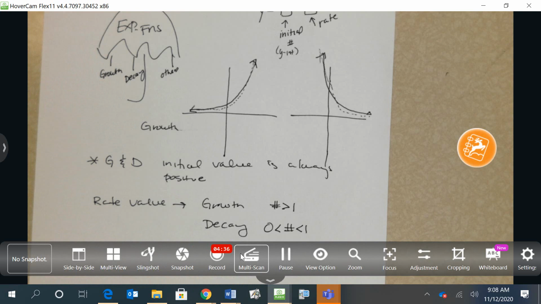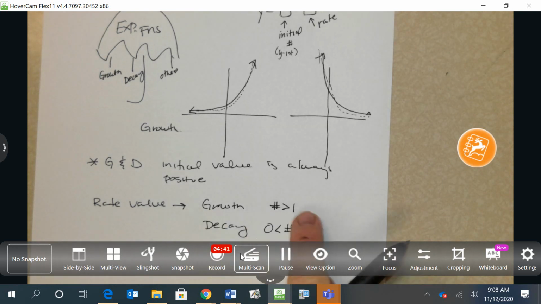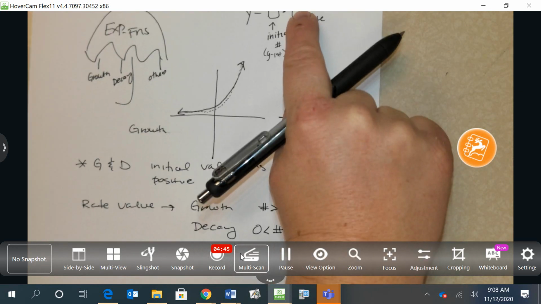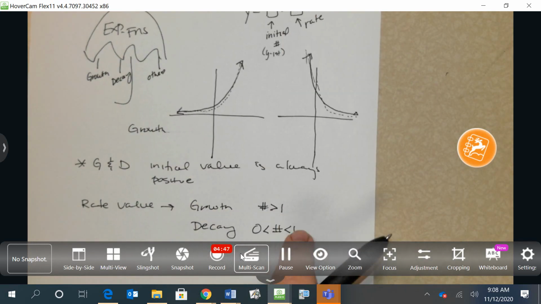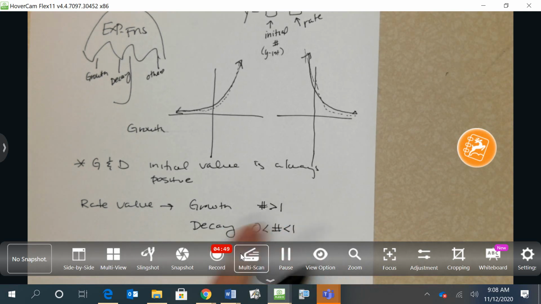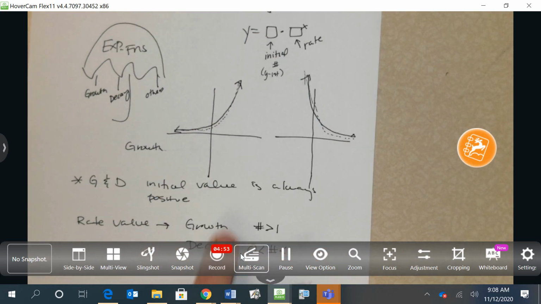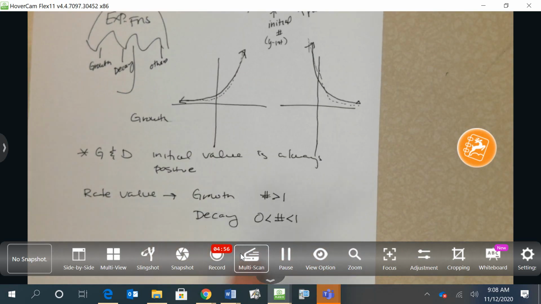So it's not equal to 0, it's not equal to 1, it's in between. If I come back up here, notice that this number for growth and decay will never be equal to 1. It's either greater than 1 or between 0 and 1. And the number in front always has to be positive. That's for growth and decay.